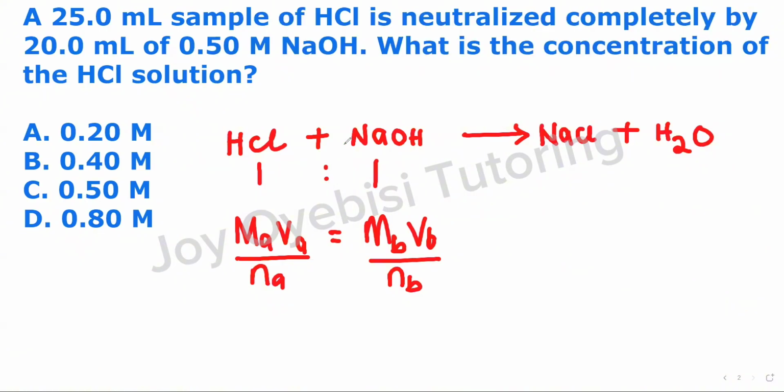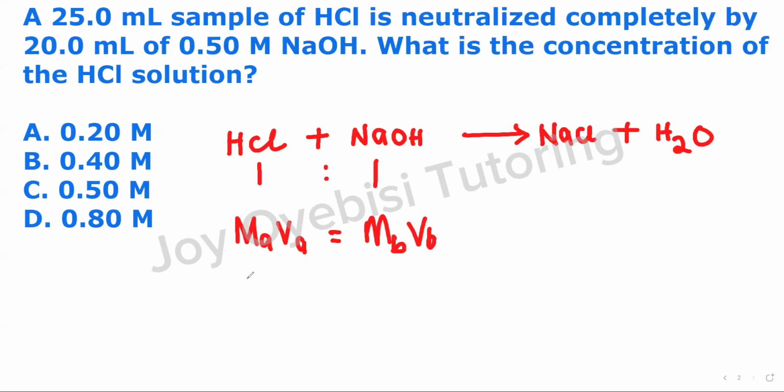So this is very important. If you solve it without the Na when it is not 1:1, you're going to get a wrong answer. But in this case, since they are 1:1, MAVA over 1, MBVB over 1 does not make any difference. And that is why we're not going to use this for this particular question.